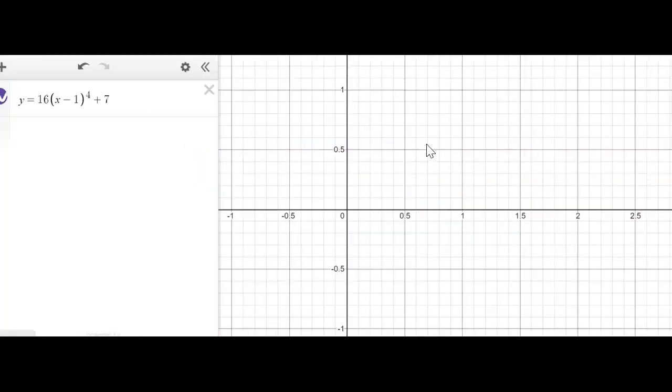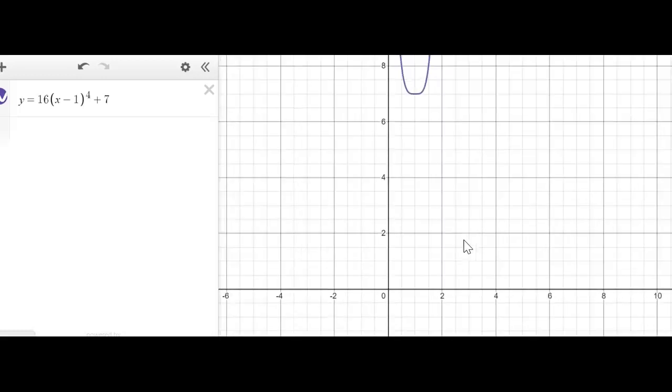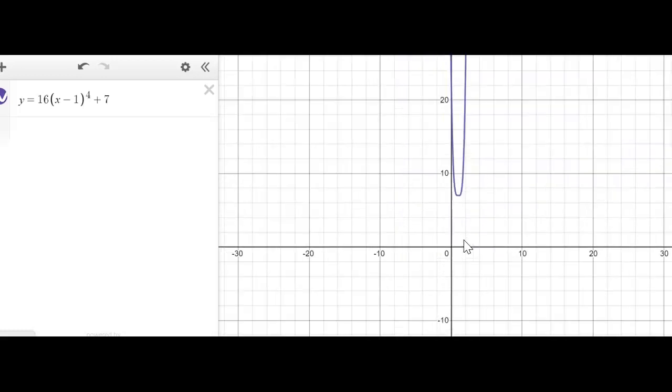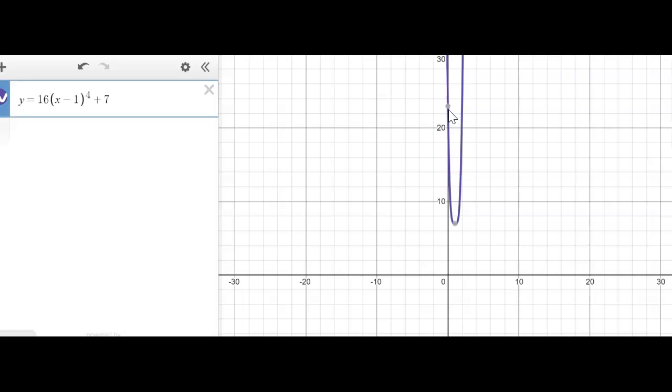All right, so we should have a y-intercept at 23, so we can't see it at the moment. So there's our turning point, 1, 7. There it is, 0, 23. So you can always check on your Desmos.